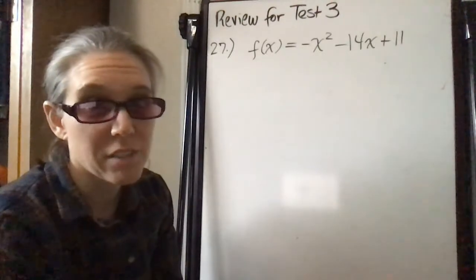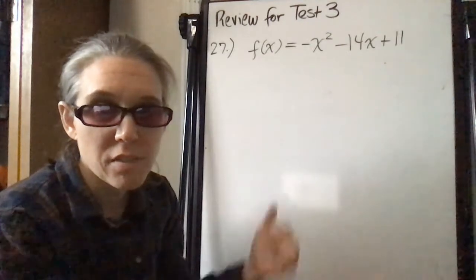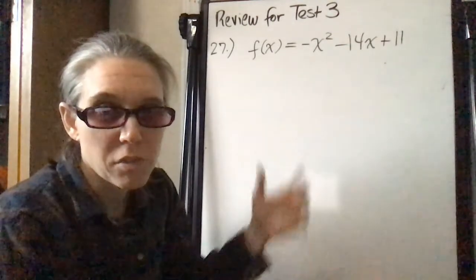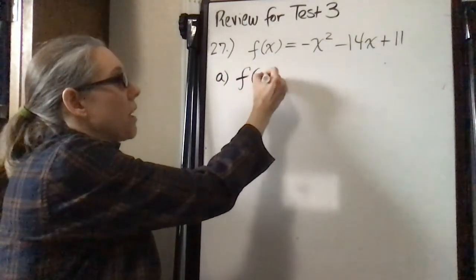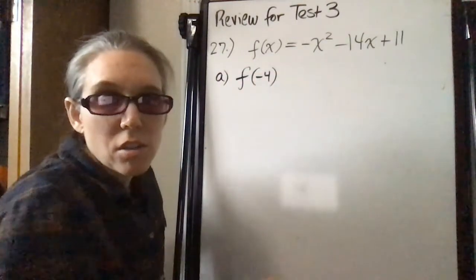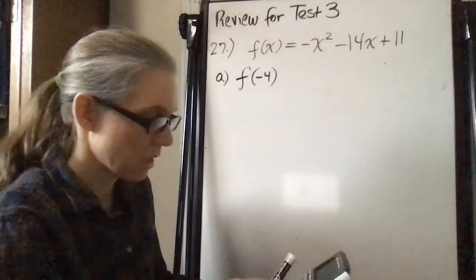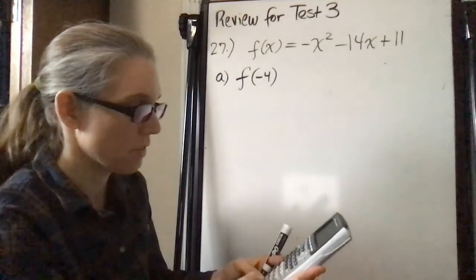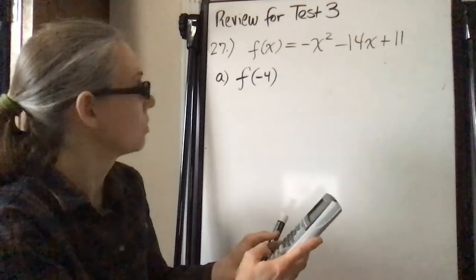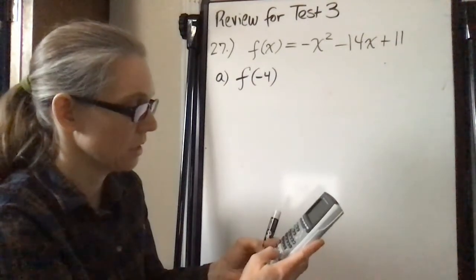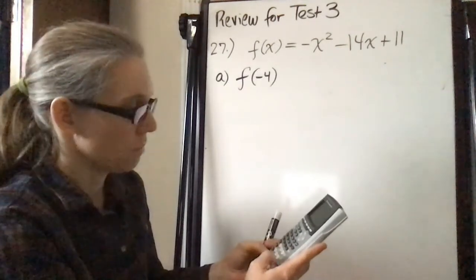Okay, in number 27, you are given a parabola. This is the parabola that I've pulled up for my version of it. You only have to show your work for part D. But here's part A. Part A, you need to find the value of f of -4. You can just plug that into the calculator. You don't have to show the work. So if you plug -4 into the calculator, you have negative, then parentheses, -4 squared minus 14 times -4 plus 11.